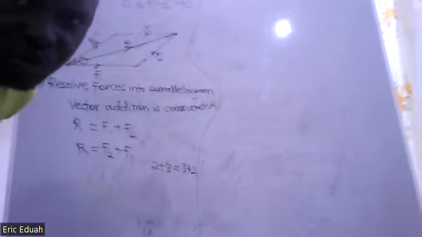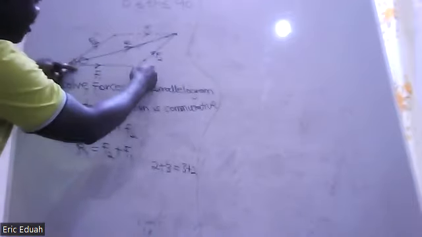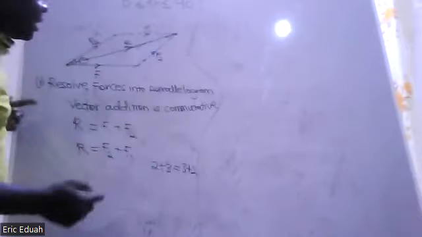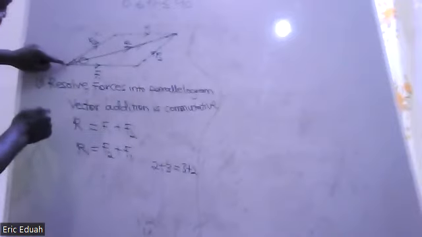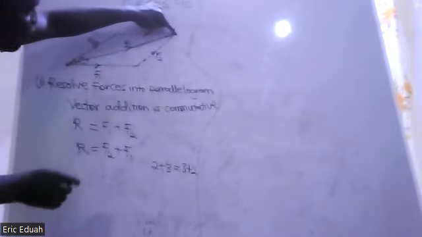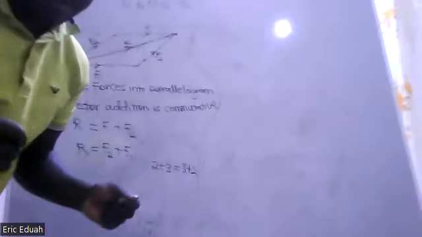In a scale drawing, what we do is use a ruler and scale to get F1, F2. Then, after getting that, if you measure from here to here, what you have will be the same as F1 plus F2 for a scale drawing.